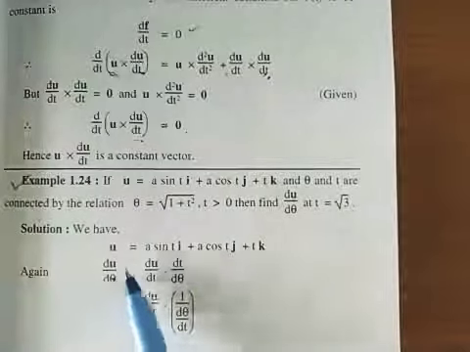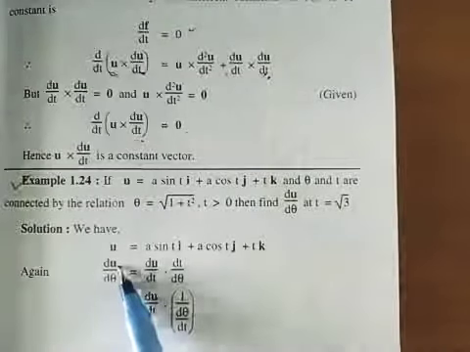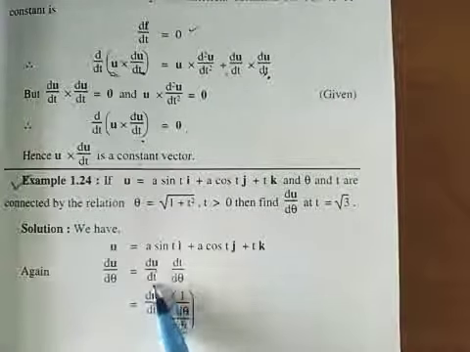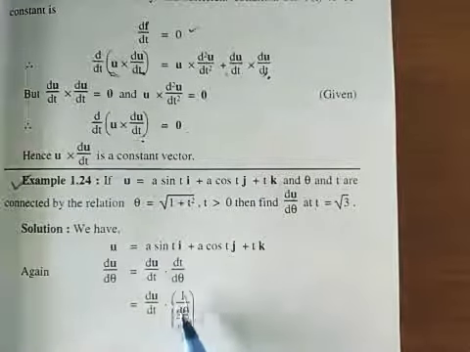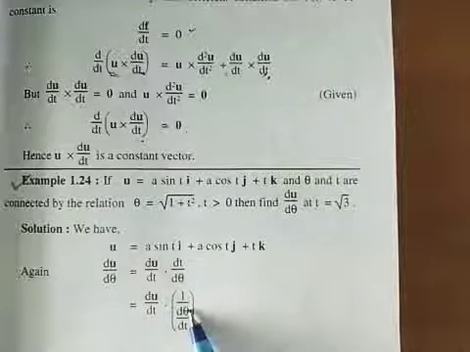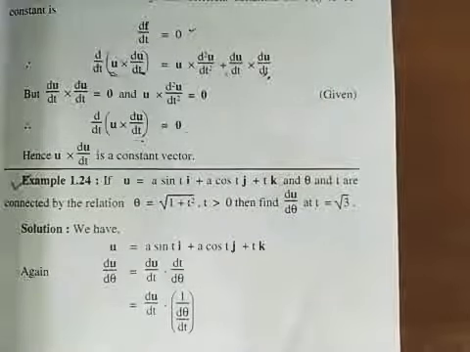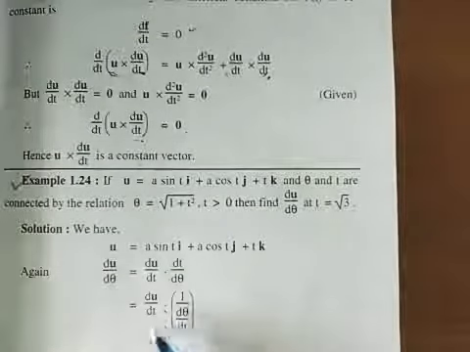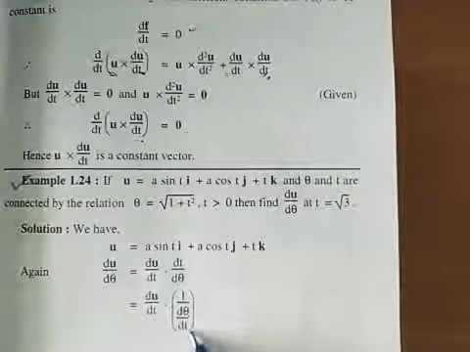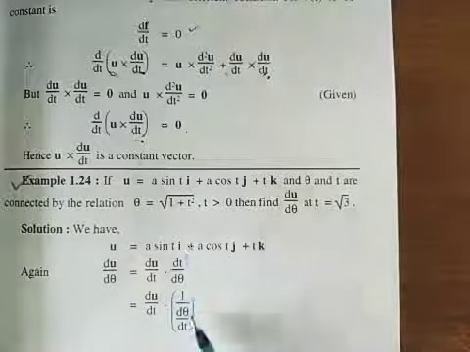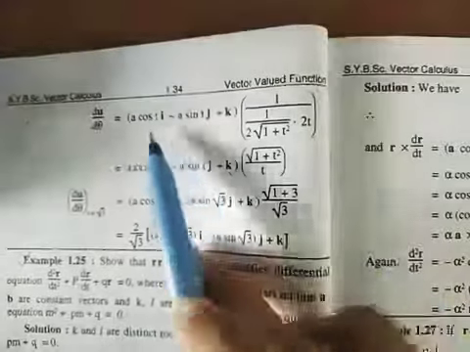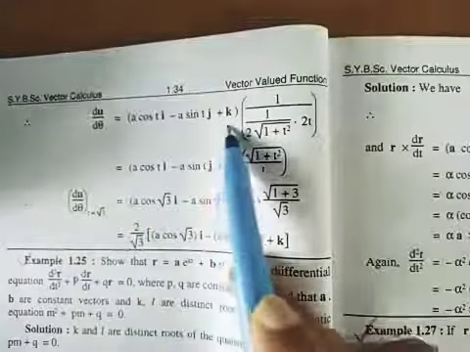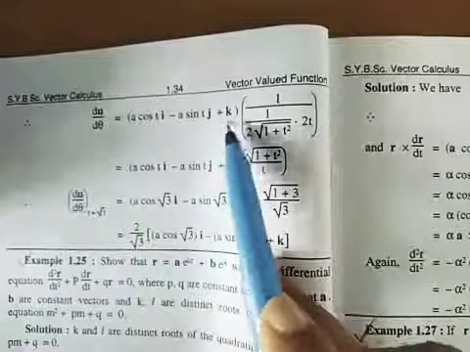Now what is du by d theta? By chain rule, du by d theta can be written as du by dt into dt by d theta. So this dt by d theta can be written as 1 upon d theta by dt. Next, we will find out du by dt and from this theta, d theta by dt. So the first bracket shows du by dt, derivative of u with respect to t.